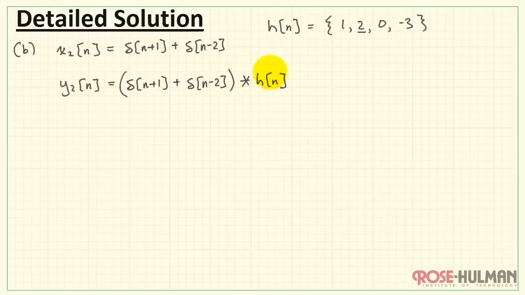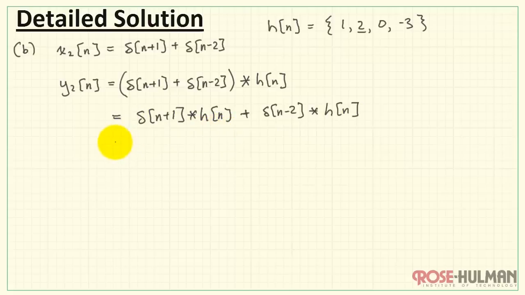Because we are dealing with a linear system, we can apply the distributive property for h. The shifted delta functions cause shifts in the impulse response.